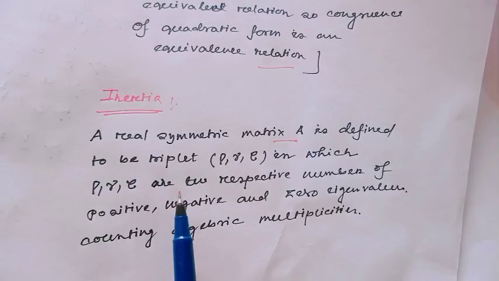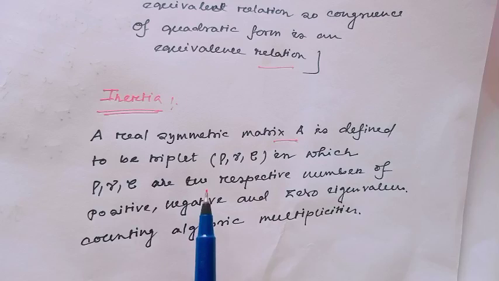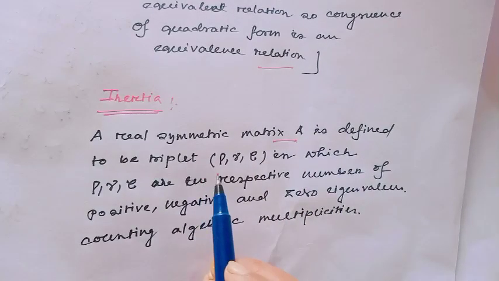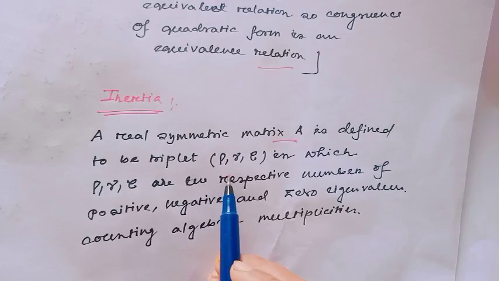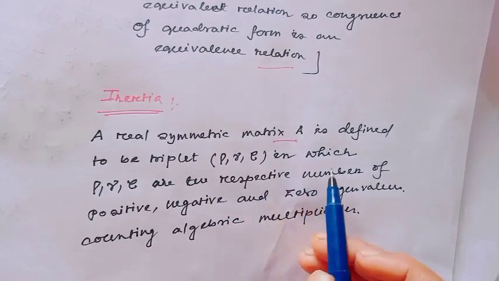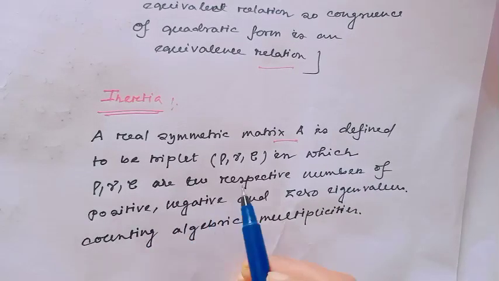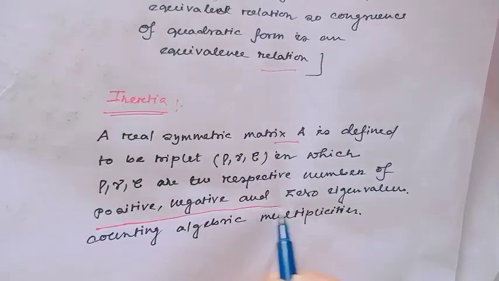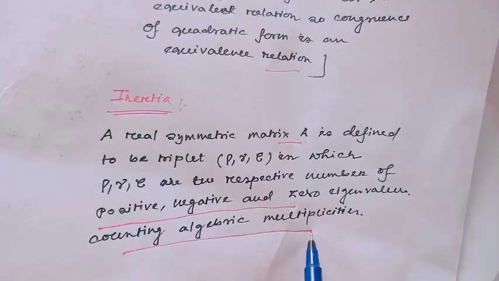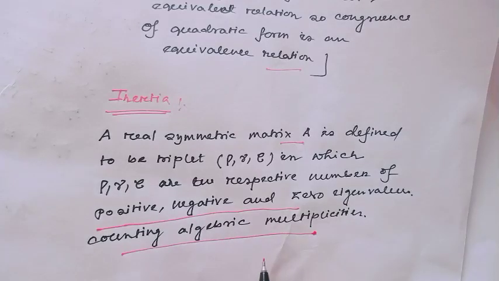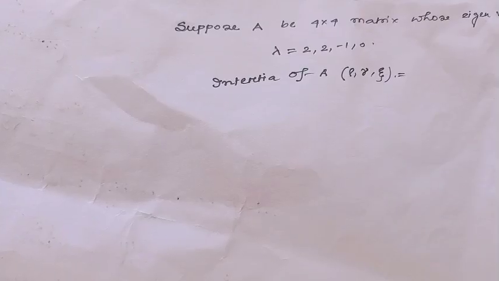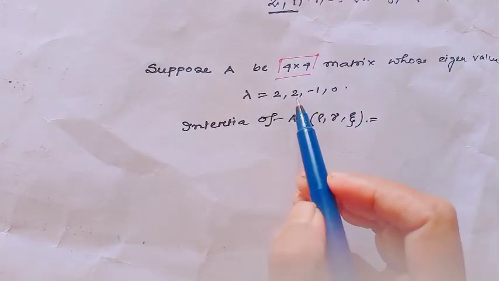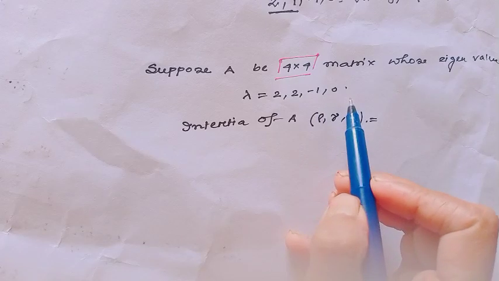Now I will define one new term, inertia. The inertia of a real symmetric matrix A is defined to be the triplet indicated as (rho, nu, xi), in which rho, nu, xi are the respective numbers of positive, negative and zero eigenvalues, counting algebraic multiplicity. This is the concept of inertia. For example, consider A a 4 cross 4 matrix whose eigenvalues are 2, 2, minus 1, 0.